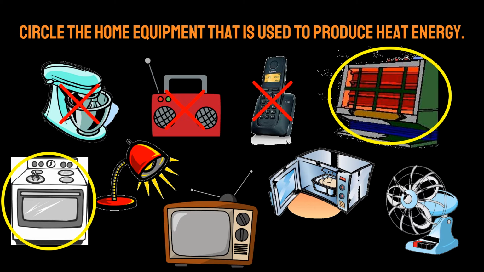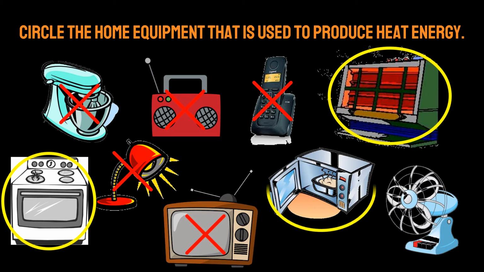The lamp? No, the lamp produces light and isn't used to produce heat energy. The TV? No, the TV also is not used to produce heat energy. What about the microwave? We use the microwaves in our kitchens to heat food, right?